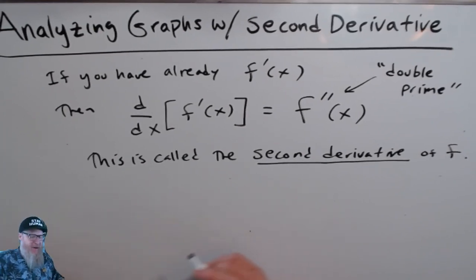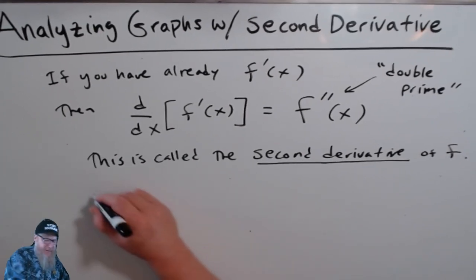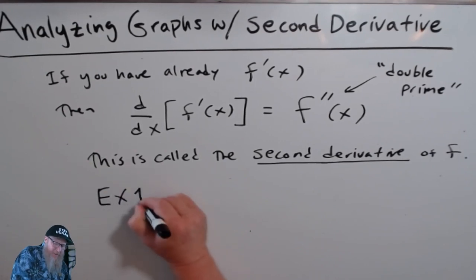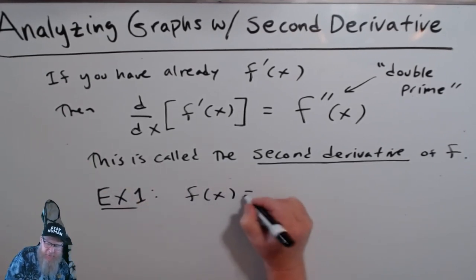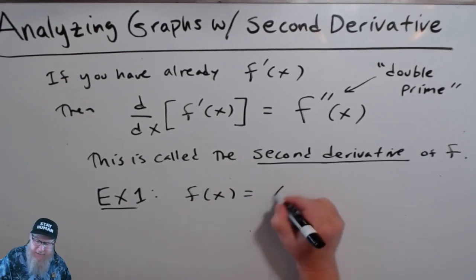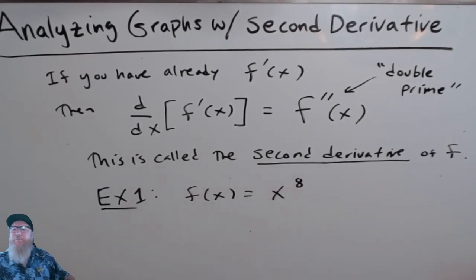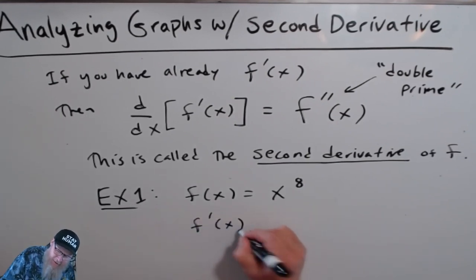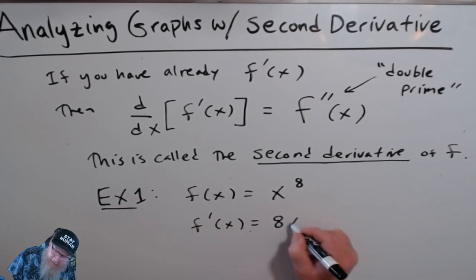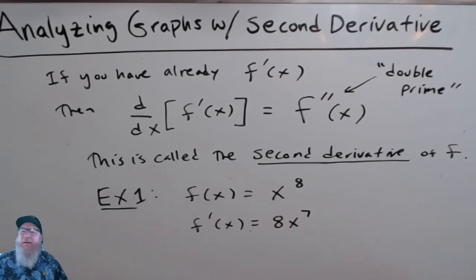And then there are several notations for this. So suppose you have, I don't know, x to the 8th. You could say f prime of x is 8x to the 7th.